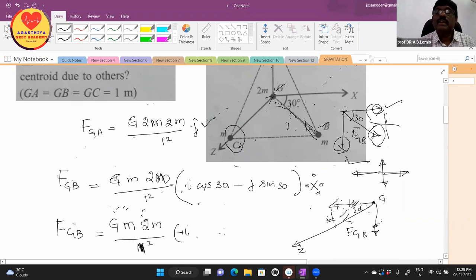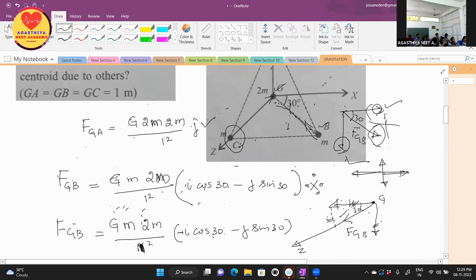Negative quantities. Horizontal takes cos, vertical takes sin. So we have found three forces acting about the point G. Now let us add these three values. We can find the final answer.